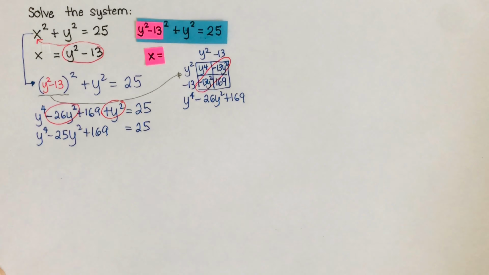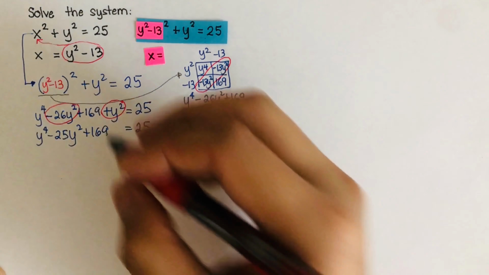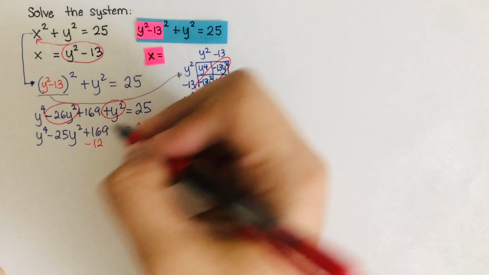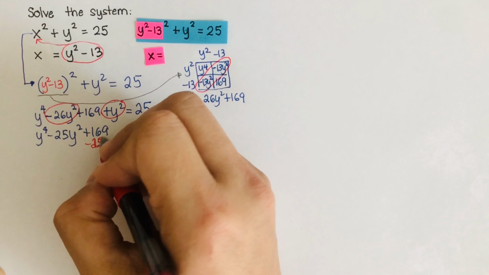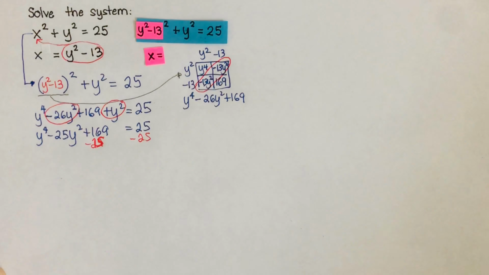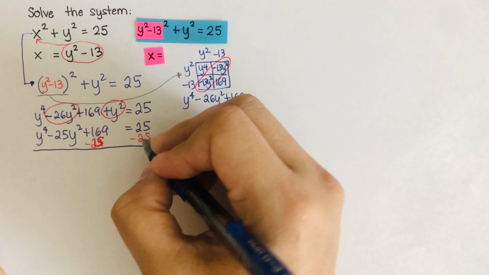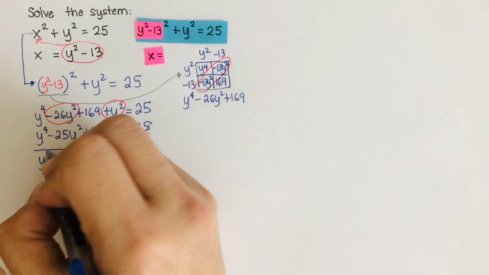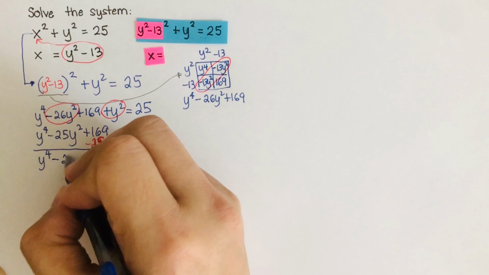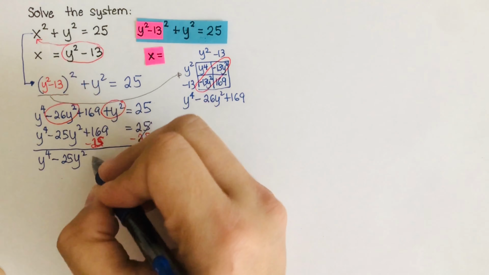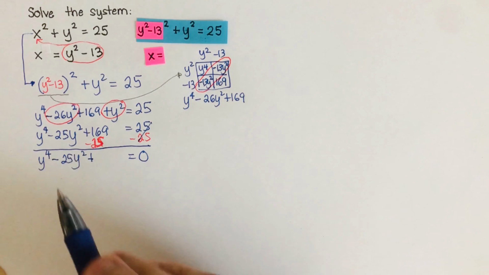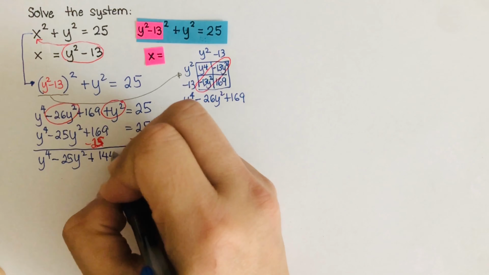Then we use the zero product property, make one side equal to 0. So that's minus 25, and then that's minus 25. So we cross the 25 out, and this would become 0. And this would come out y to the fourth minus 25y squared, and that's plus 169 minus 25, which is 144.